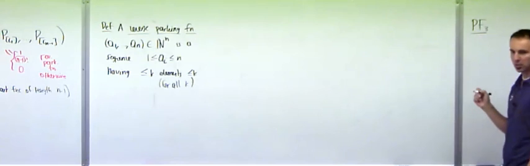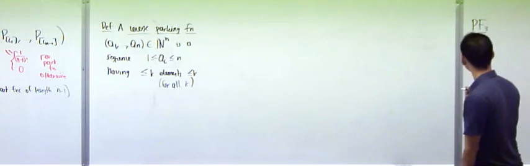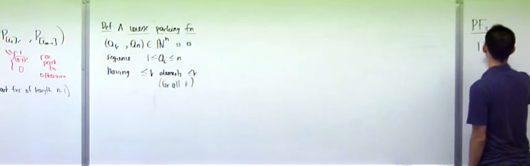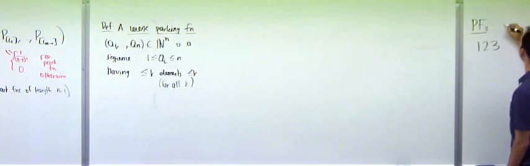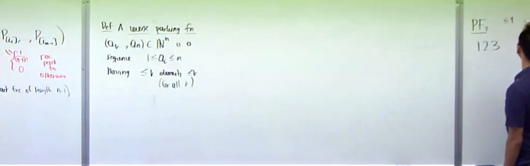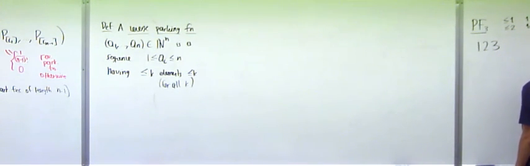And so maybe I'd like to list out all the parking functions of length 3 like we did last time. So here we need at most 1 one, at most 2 ones and twos, and at most 3 ones, twos, and threes. Right? And so then we said that these were the possibilities. We listed them last time. So it's 1, 2, 3 and its permutations.